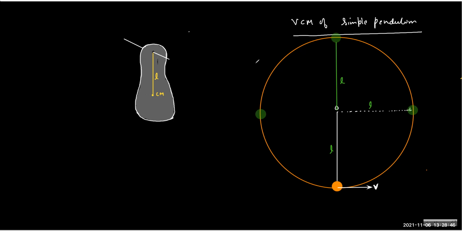Simple answer is by keeping the string taut. Now, this is a mathematical constraint that we can impose to make sure that it moves in a circular path.